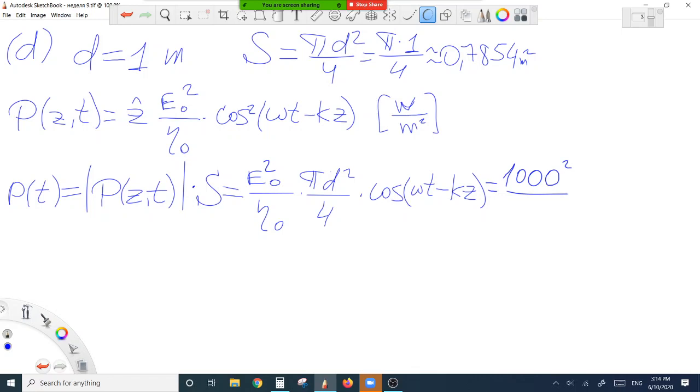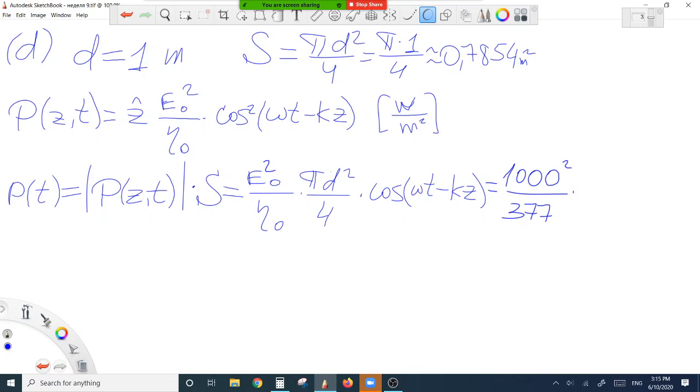Eta 0 is the wave impedance in free space, and it is a constant, 377.